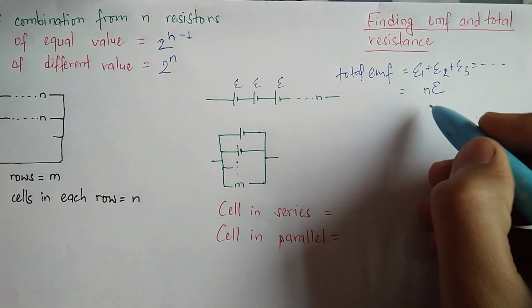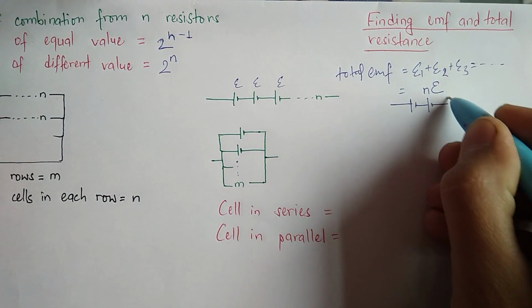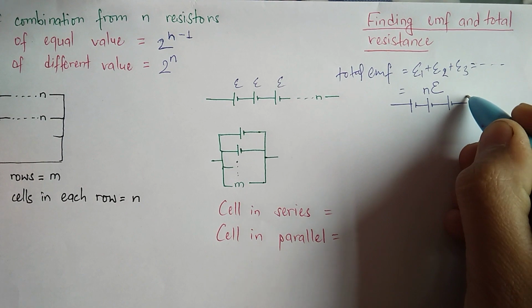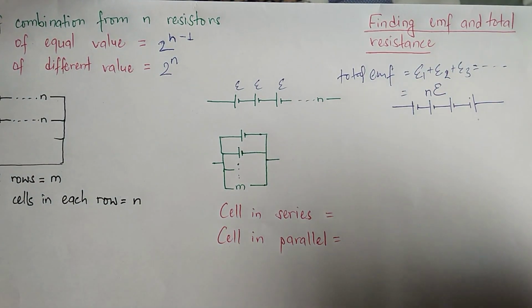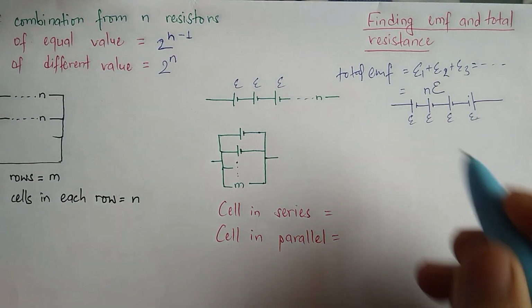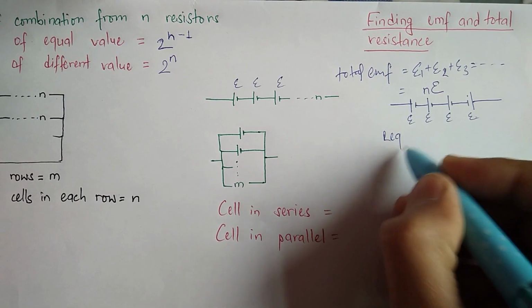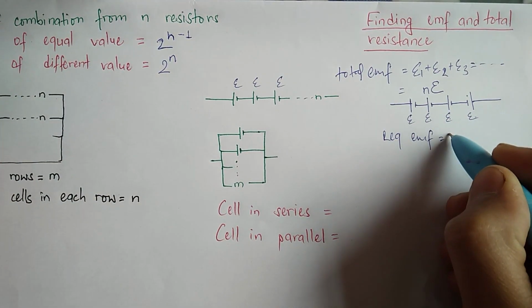Now when there is one combination like this, and then finally one is mistakenly changed. Now this is E. Now what will be the required EMF? Well, the required EMF will be this plus, so 3E.